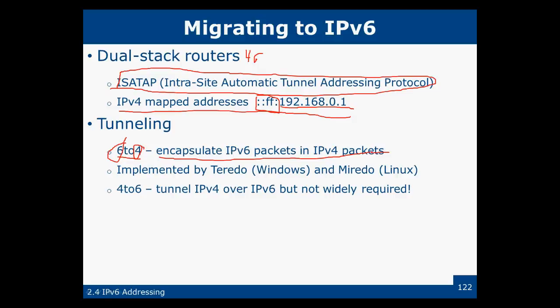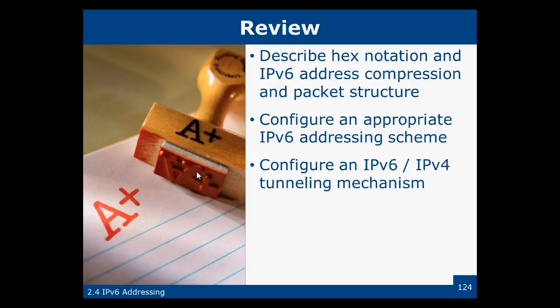Once it gets to the other end, it strips out the IPv6 packet so that it is delivered over a system that doesn't support 6 in route. Teredo is implemented by Windows, and Miredo is used in Linux. 4-to-6 tunneling, where we tunnel 4 over 6, is not really widely adopted because we have 4 going across all of our networks.